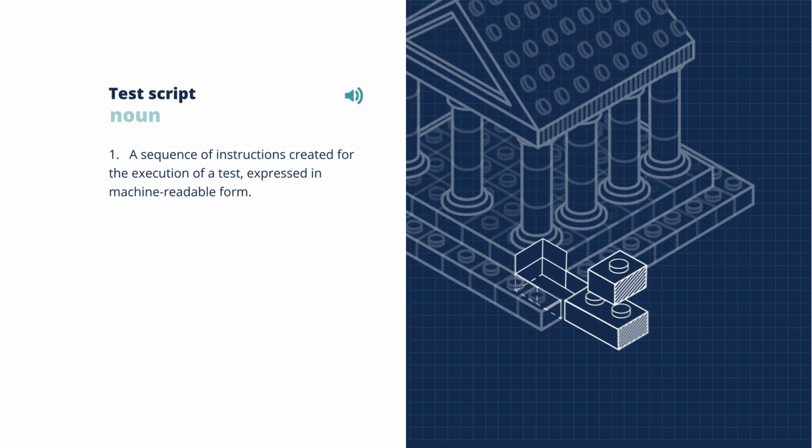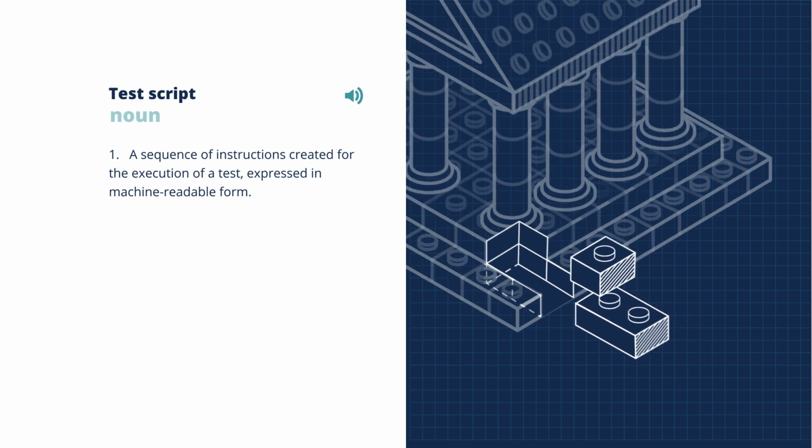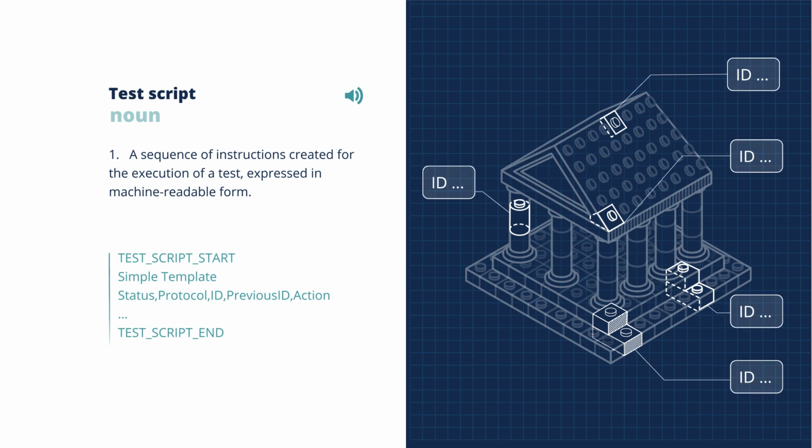A test script is a sequence of instructions created for the execution of a test, expressed in machine-readable form. The purpose of test scripts is to cover the target coverage points obtained from the model. For traceability purposes, each test script is attributed a unique name.